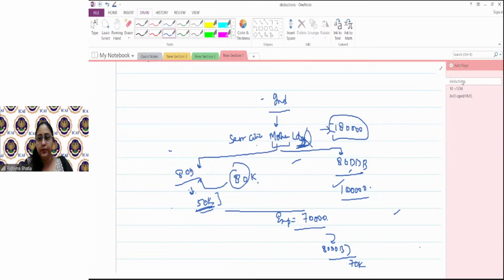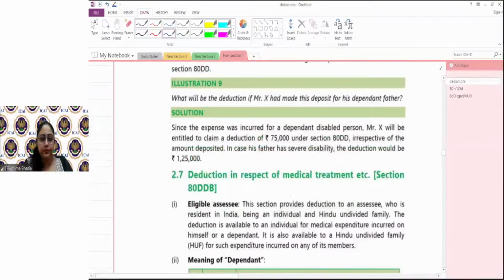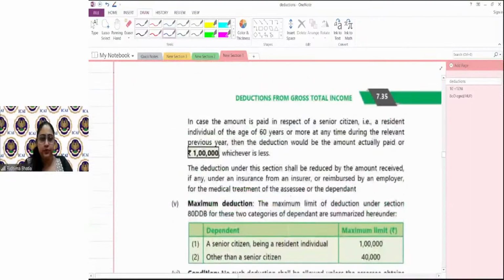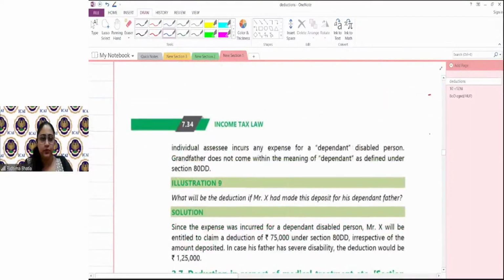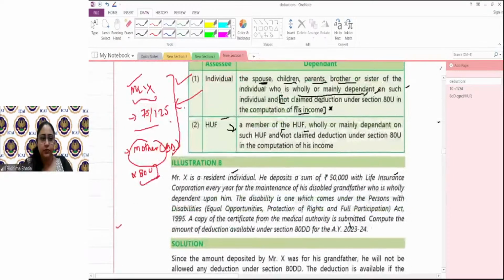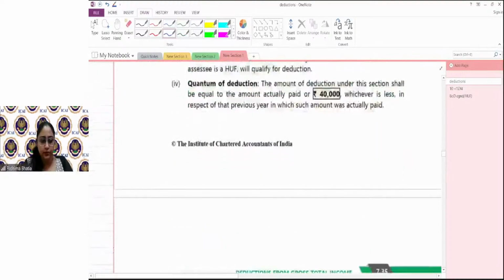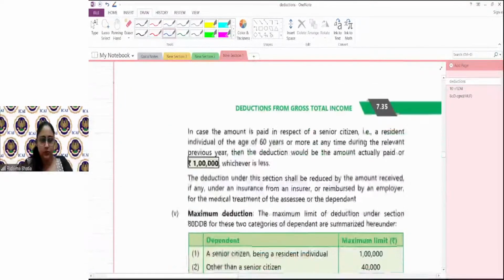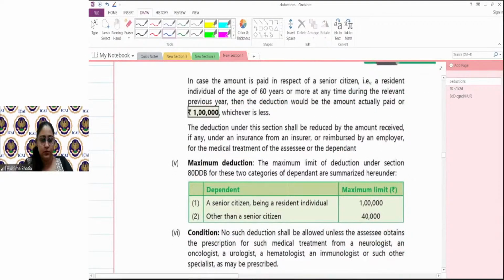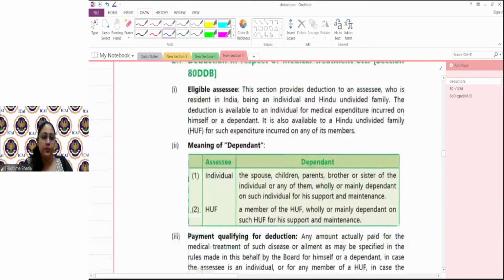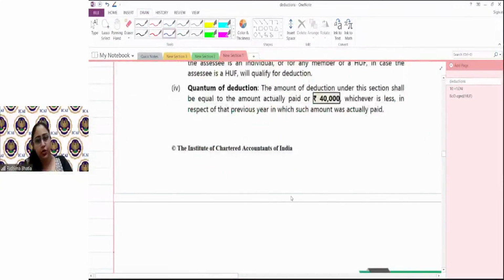Anyone is getting stuck? ठीक है, श्योर? आयशा, अगर इंश्योरेंस है तो हाउ कैन यू क्लेम 80DDB में मेडिकल ट्रीटमेंट?